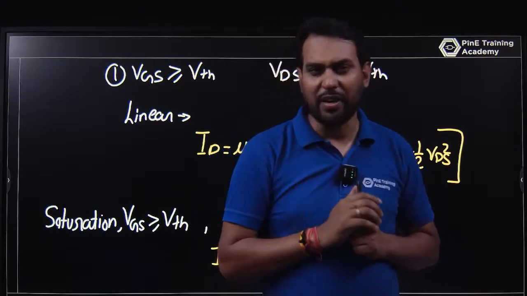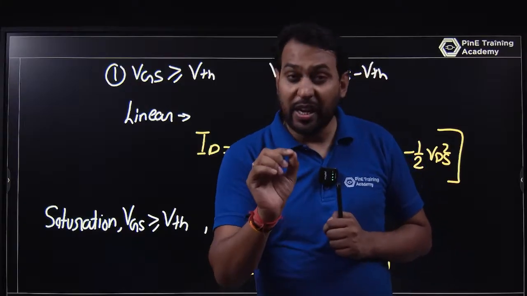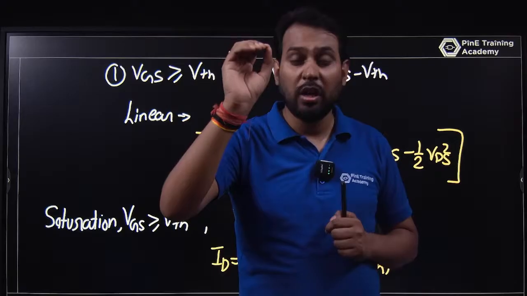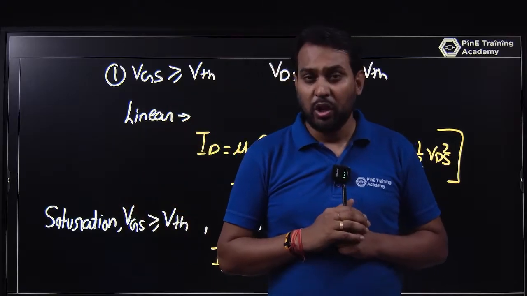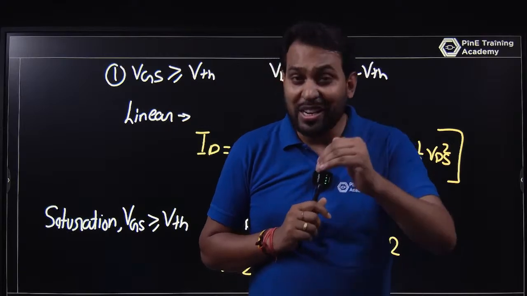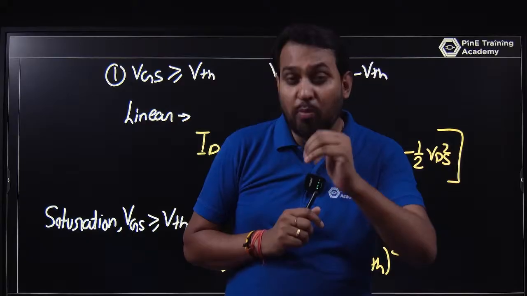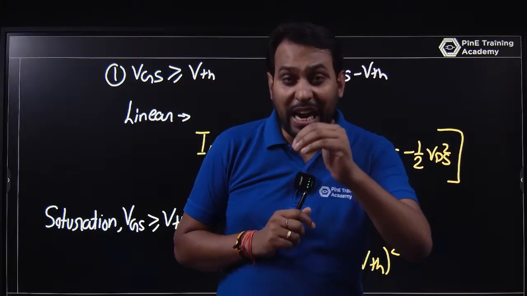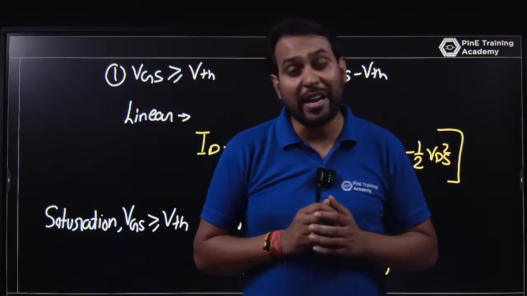The current will drop, but it is not that small, so your battery will drain out fast. So in sleep mode, where VGS is less than VTH, the current decides how much is taken from the battery and how much time it takes to drain out.